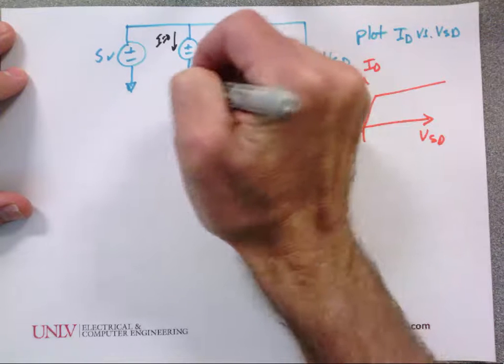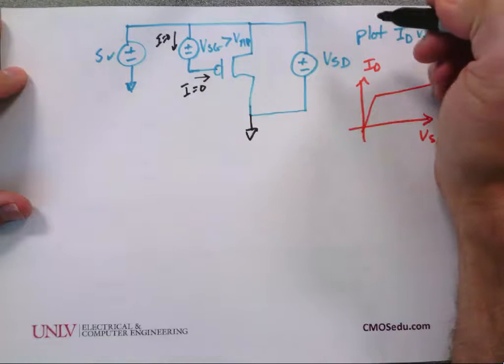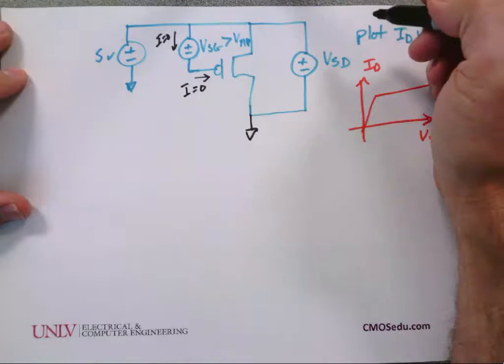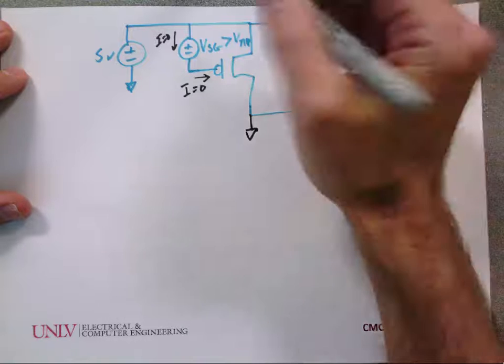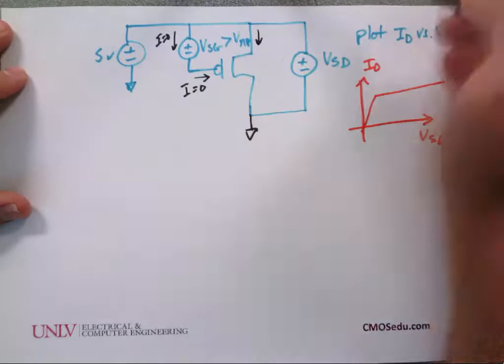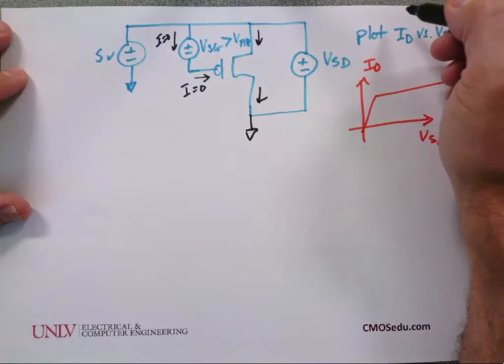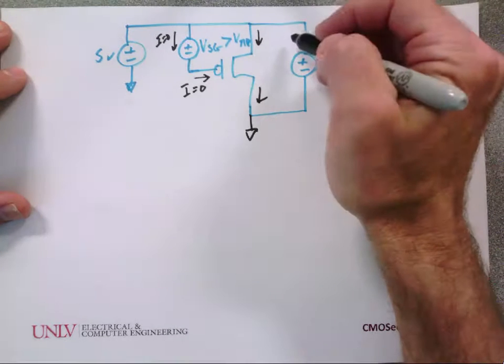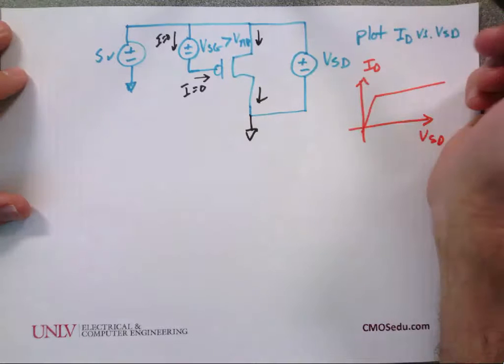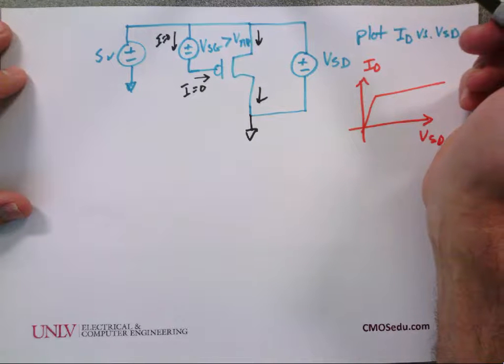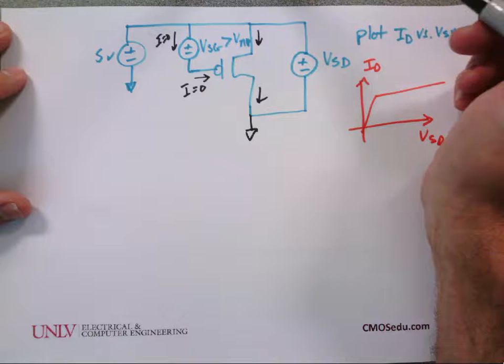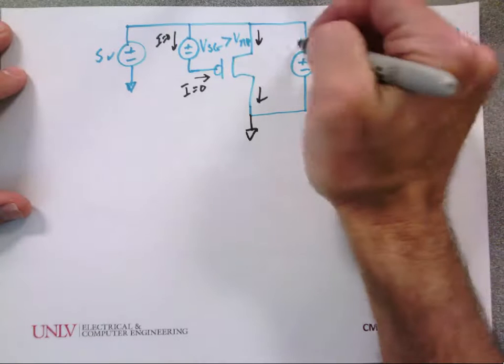Anybody not agree with that? What's the relationship between the current here and the current here? The same, right? Okay, so where does that current come from? It's going to come from here.